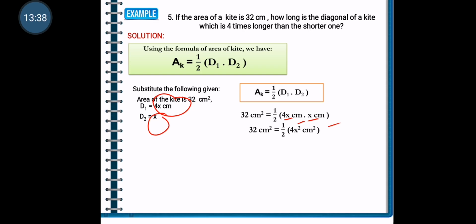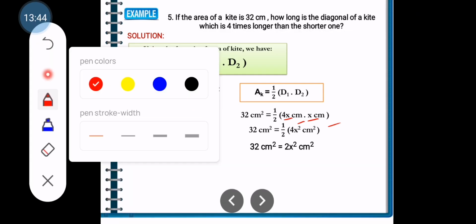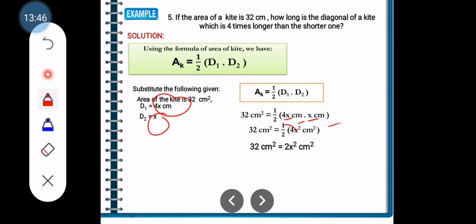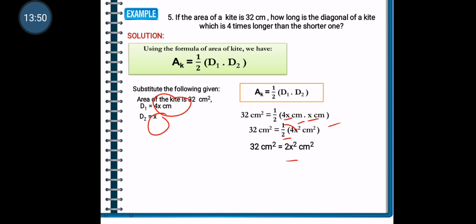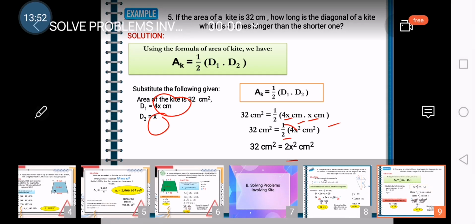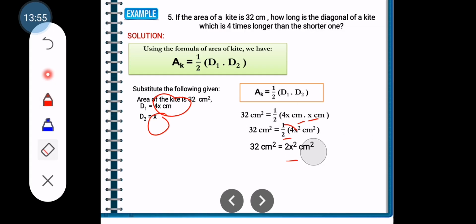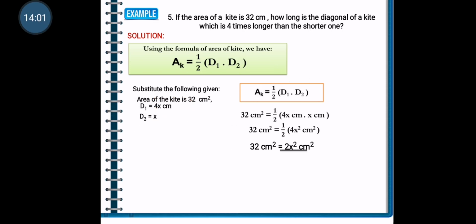Diba? And then, 4 times 1 is 4. So, ito yan. 4 times 1 is 4 divided by 2. Kaya po naging 2x square na lang siya. So, ang gagawin naman natin ngayon is divide both sides na tayo para makuha natin ang value ng x. By 2 and square centimeters.